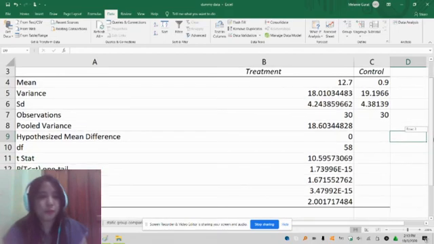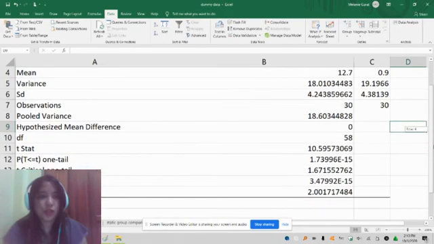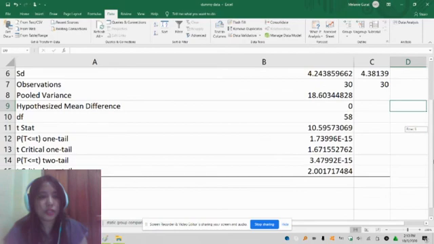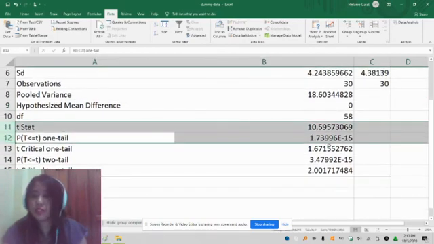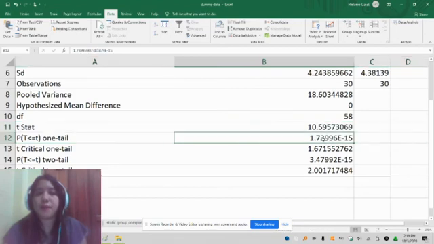So let's also scroll down for the result. So the t statistic. Assuming that we use the one-tailed, the t statistic is 10.59 and the probability value is 1.73996 E negative 15, which means that this is times 10 raised to negative 15.